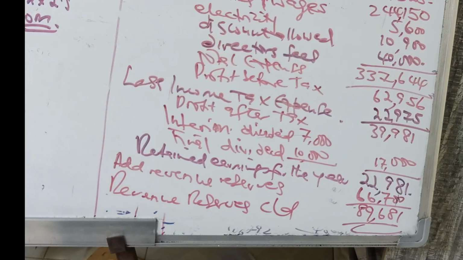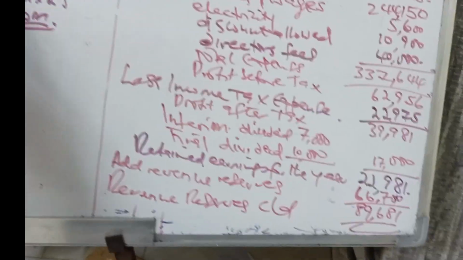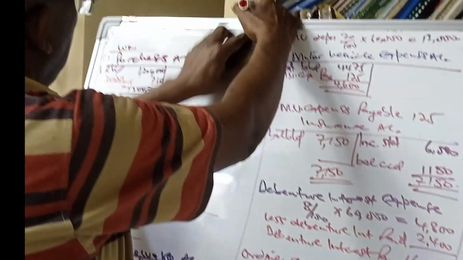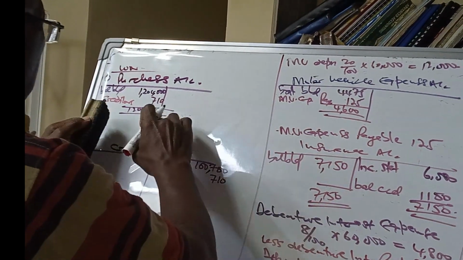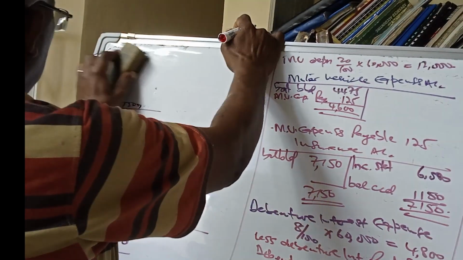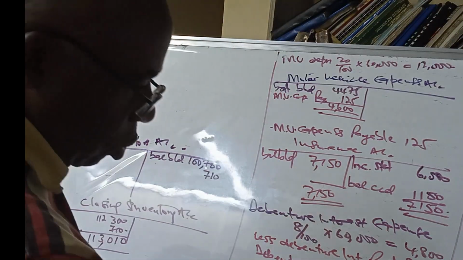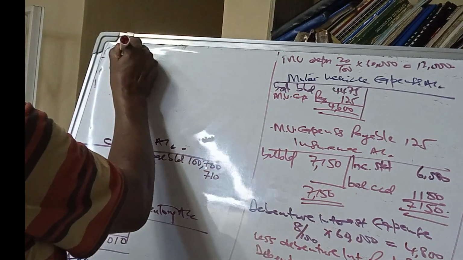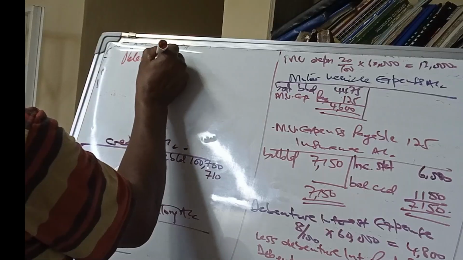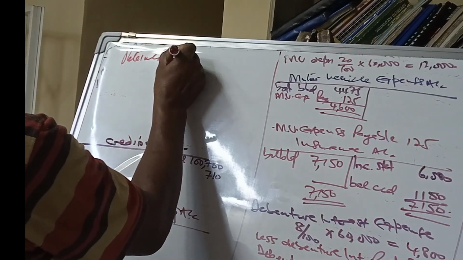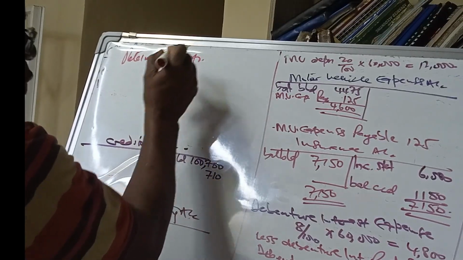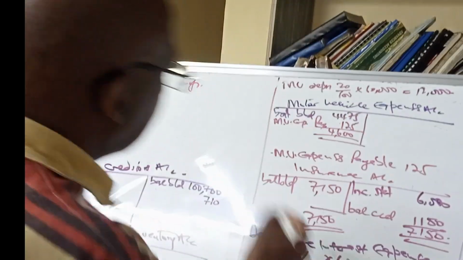So we can bring it here so that we know where to get it from. Actually, we are through with the issue of purchases. We only need creditors there. So we keep revenue reserves, retained earnings, here, 89,681.